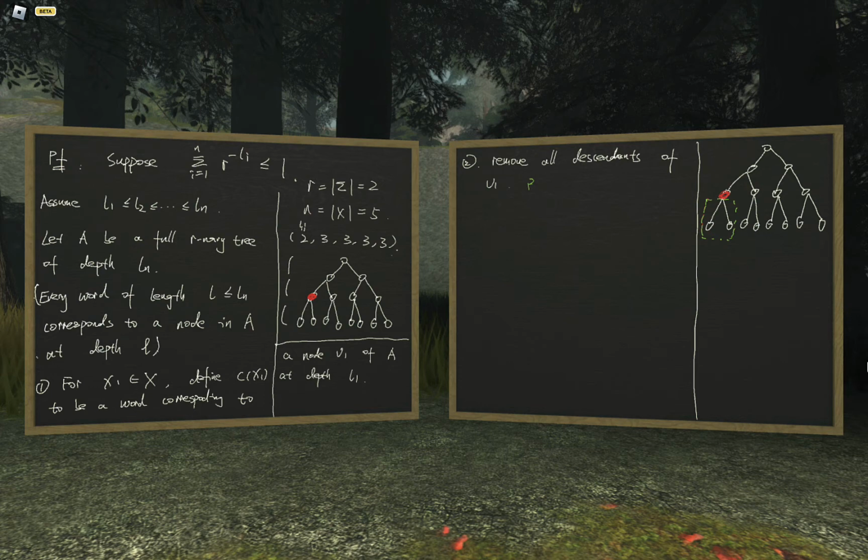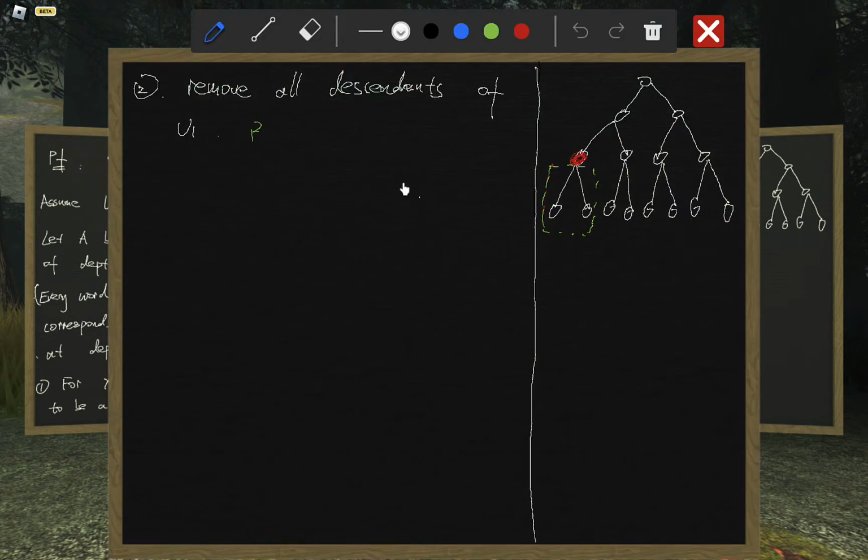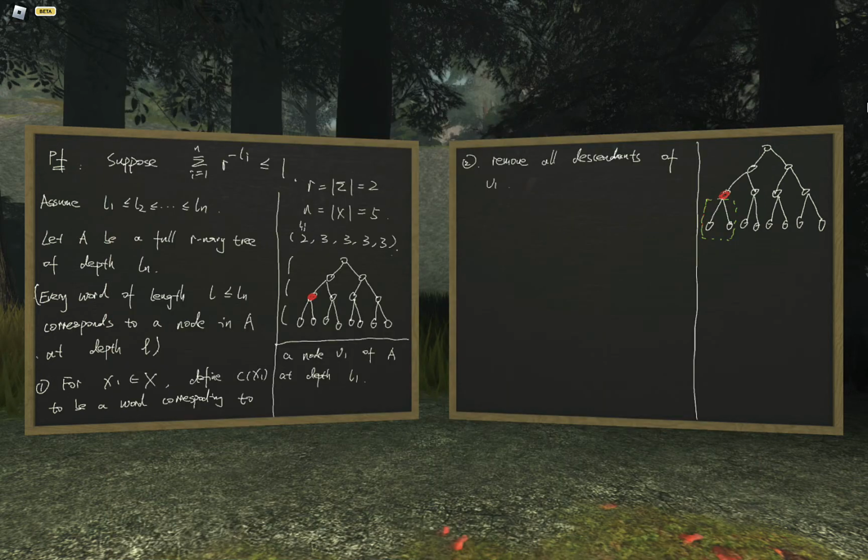I can't erase it, this green thing here. Yeah, there's a bit of a bug. Let me try. Anyway, I will just use black to cover it. Okay, then remove all descendants of v1.